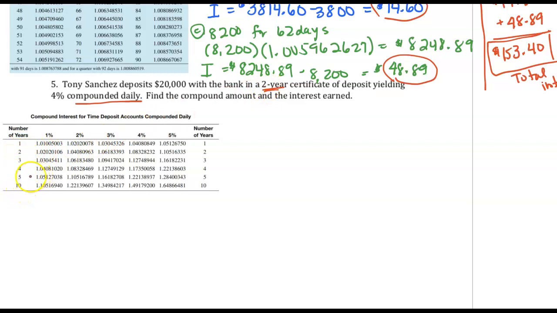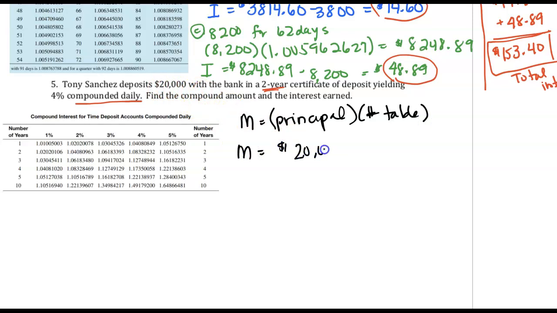We will tackle this question very similar to the way we did previously, where to find the maturity value, we'll take the principal, the amount invested, times the number from the table. In this case, the amount invested is a $20,000 deposit. And the number from the table, if we're looking at 2 years and 4%, we're going to take that decimal over to our question.